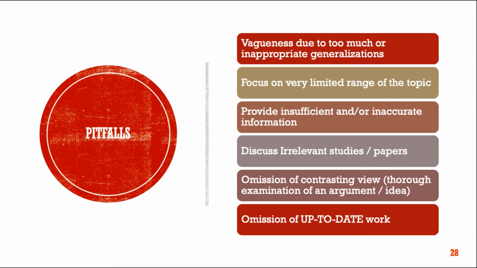So you have to be more specific. Or try to avoid also focusing on a very limited range of the topic. As I say, you just take a very limited range on a specific area only. But there are other aspects that need to be investigated or reported, and you just dismiss them. So avoid that. Or you provide insufficient or inaccurate information.